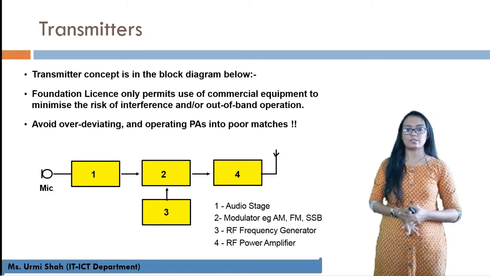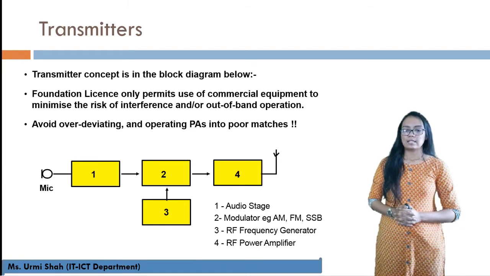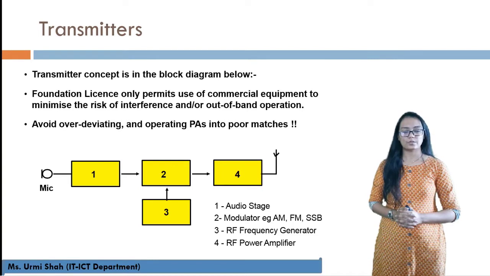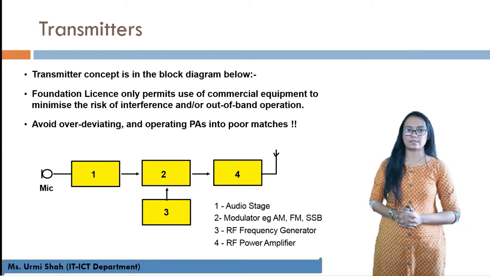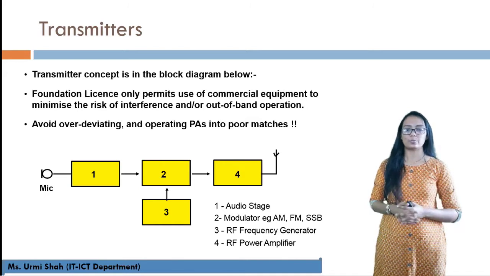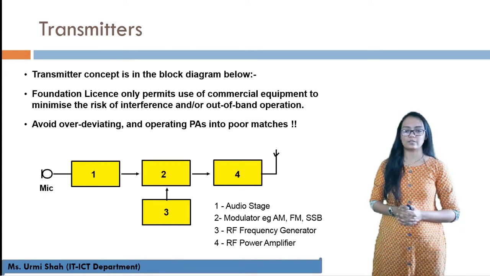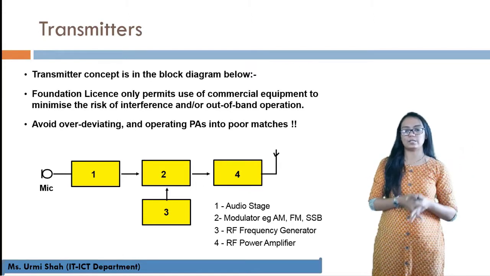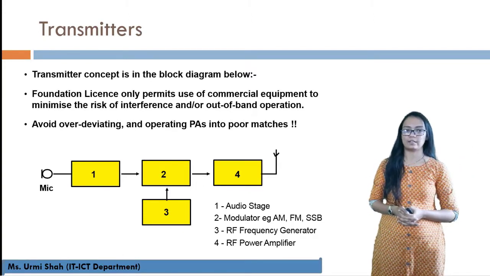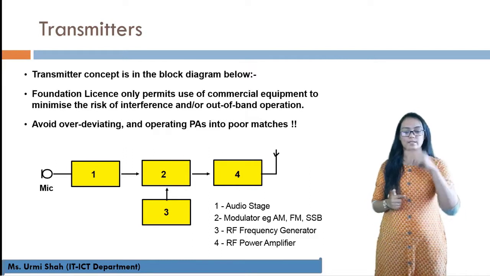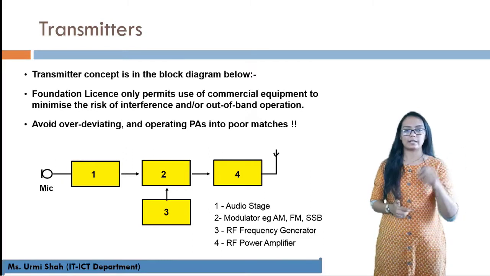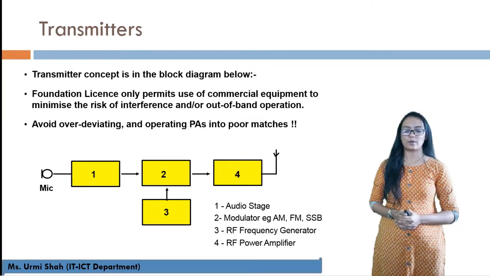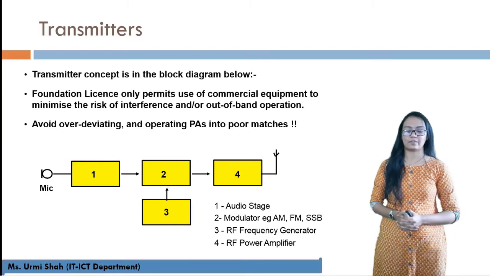It is going to match up those signals and generate a modulated signal. So that modulated signal is passed on to RF frequency generator, and that RF frequency generator is going to generate a proper frequency range such that it can be transmitted to power amplifier. So third block is attached with the second block, and from second block we have fourth block, that is RF power amplifier.